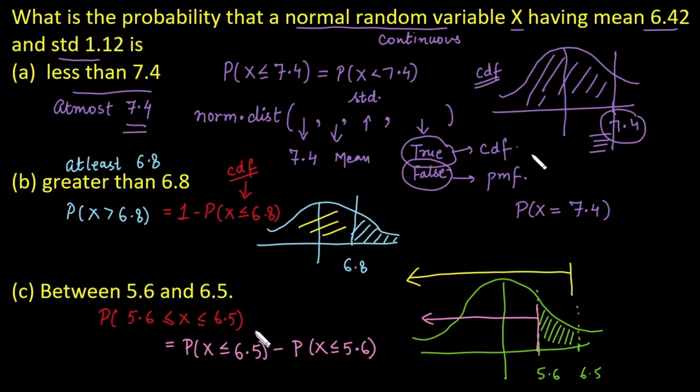So according to this, we need to calculate the cumulative distribution function at two different points. One is at 6.5 and another is at 5.6. So first we will find the cumulative distribution function corresponding to these two values. After that, we will use the subtraction form. Let's move to the Excel.